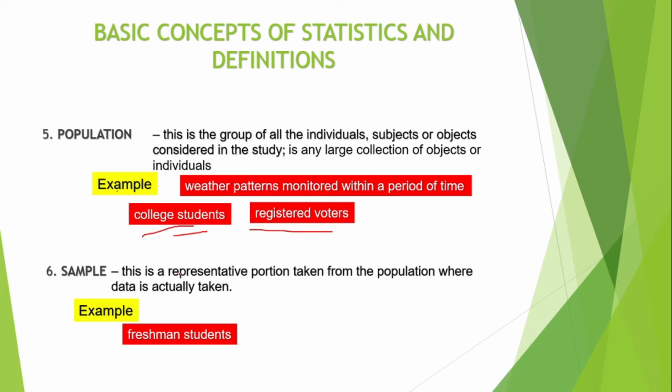So, we have freshman students, and another example, male or female registered voters. So if our respondents are only the female, then that is our sample. And kung male naman yung respondent natin, then yun ang sample natin sa registered voters. So yun yung ibig sabihin ng population and then sample.